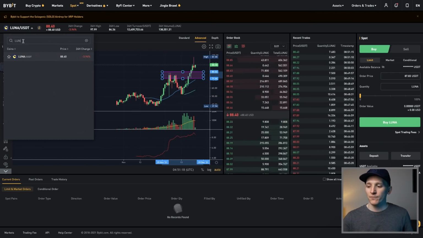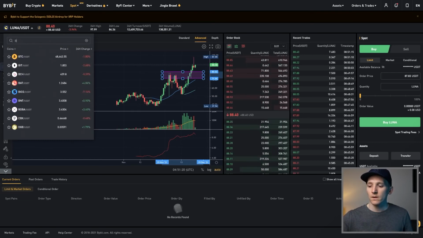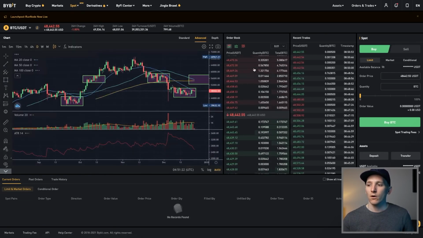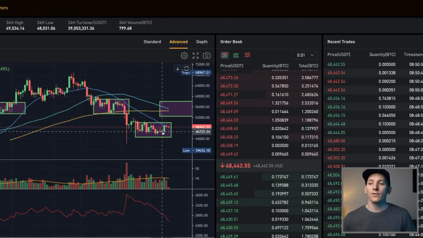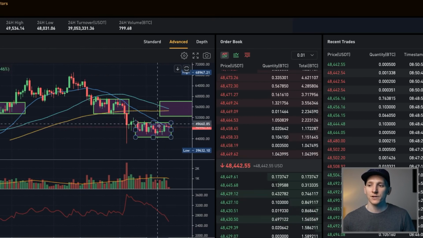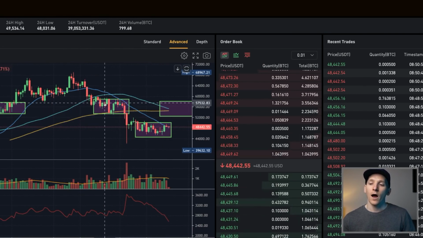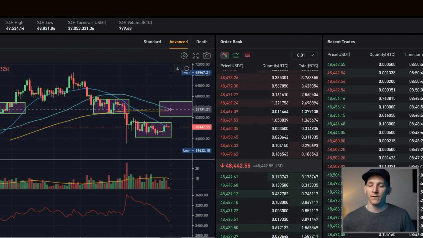I actually much prefer the Bitcoin chart here. If you're looking at levels of support and resistance, you can see we have a period of consolidation. The price is attempting to move up through previous resistance moving averages, and we have another area that potentially the price could move to.